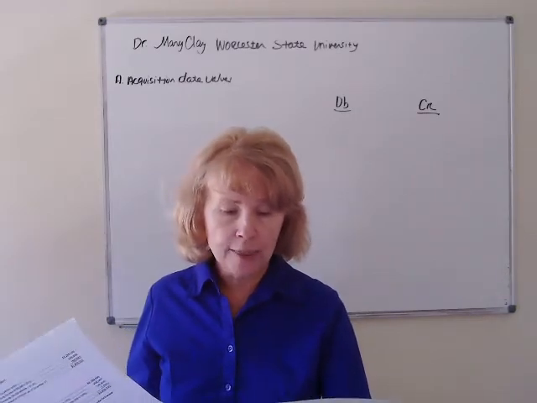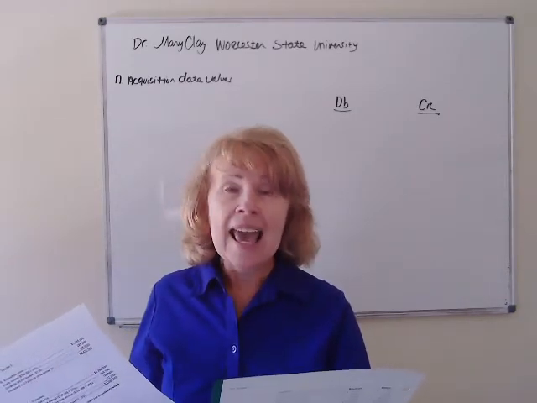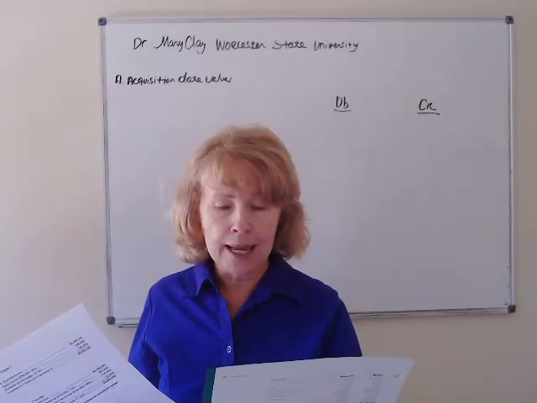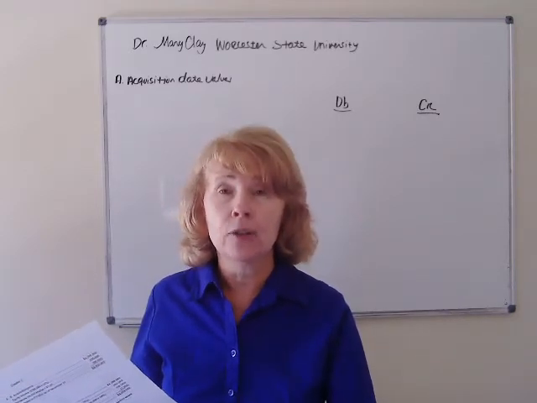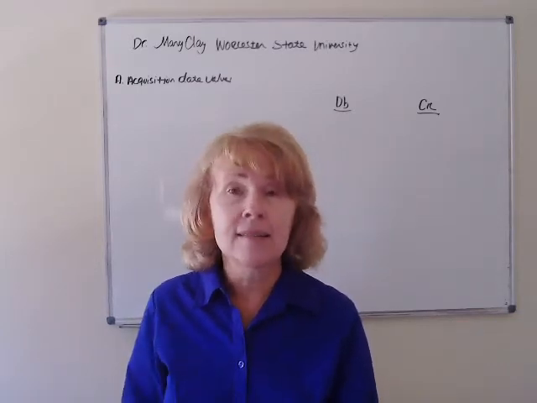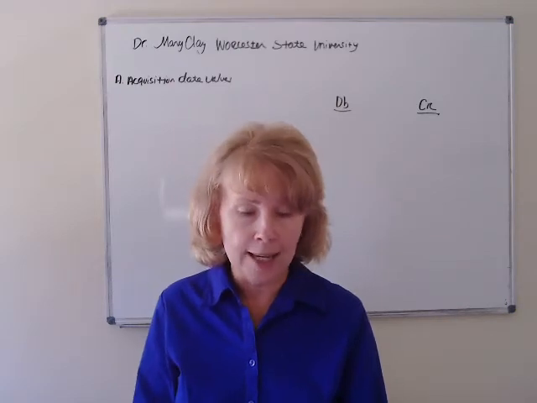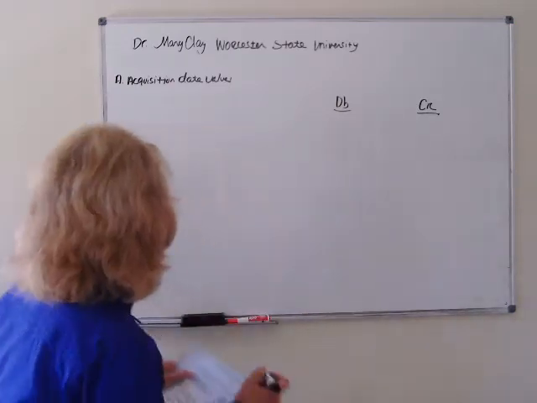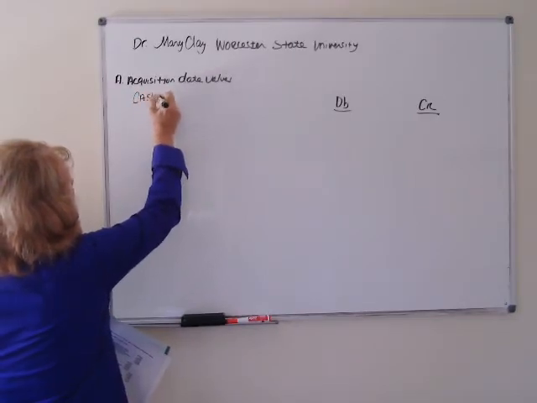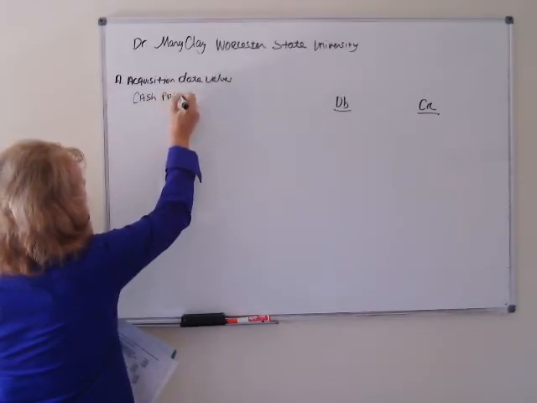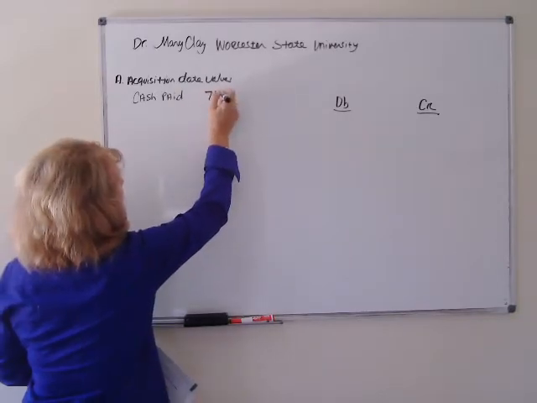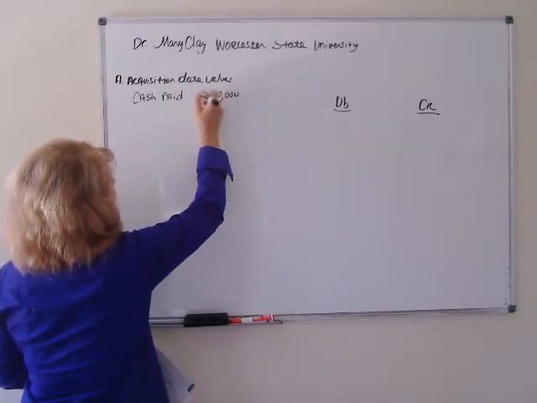All right, so in the first problem, A, they're saying that the total paid amount is $700,000. However, we have to factor in that contingent performance liability. So let me show you how you do that. We'll go over here, we'll put the cash paid, and that is $700,000. Okay, that's the cash amount.